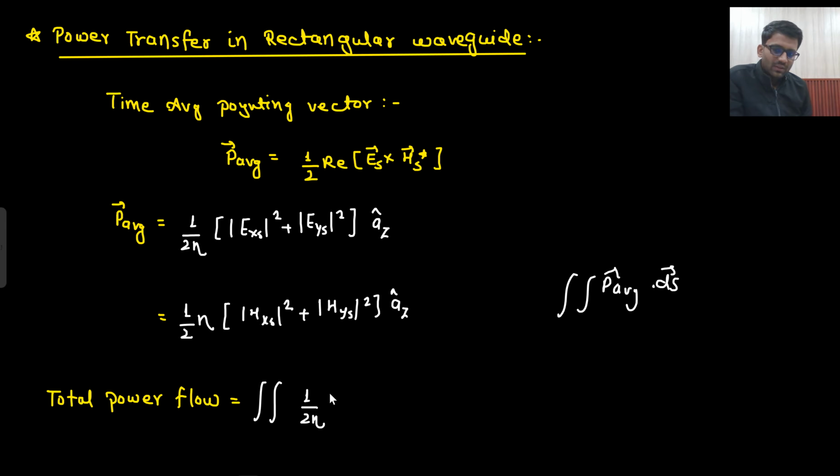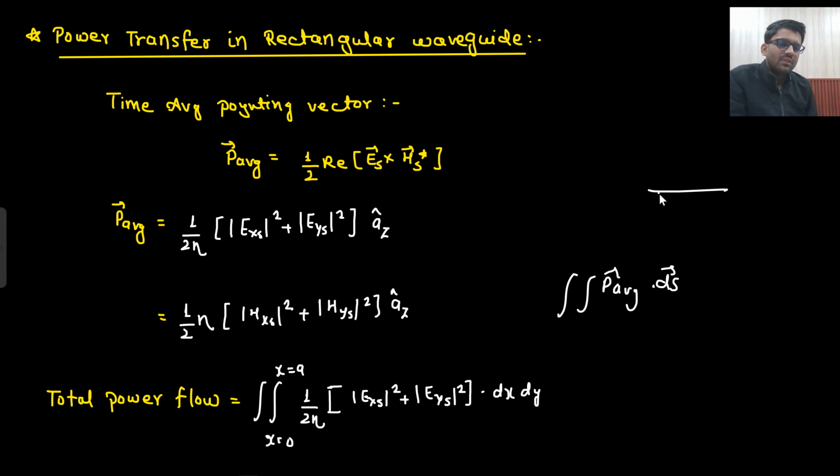So 1 by 2 eta, Exs square plus Eys square dx dy, where the limit of x is from 0 to a, because in our rectangular box x goes from 0 to a and y goes from 0 to b. So you would be having the expression of Ex, you would be having the expression of Ey.